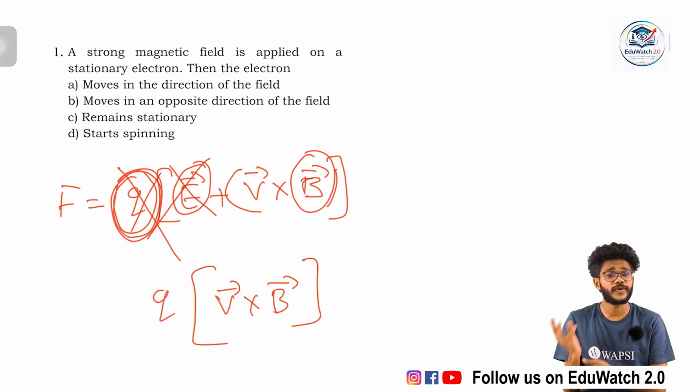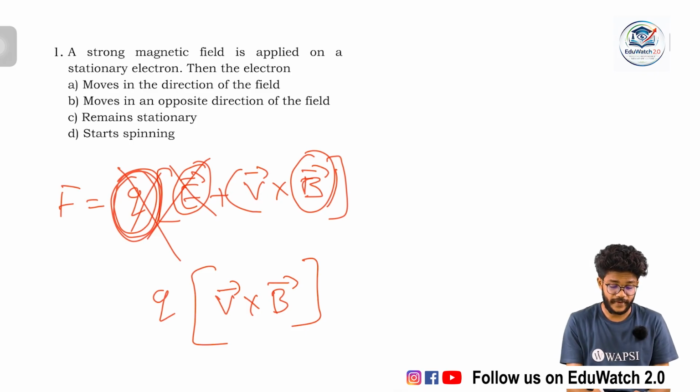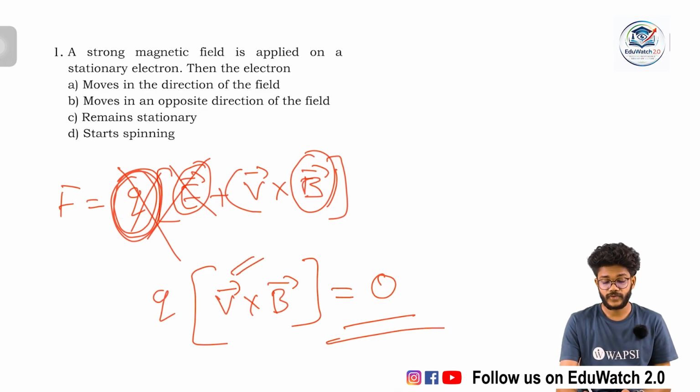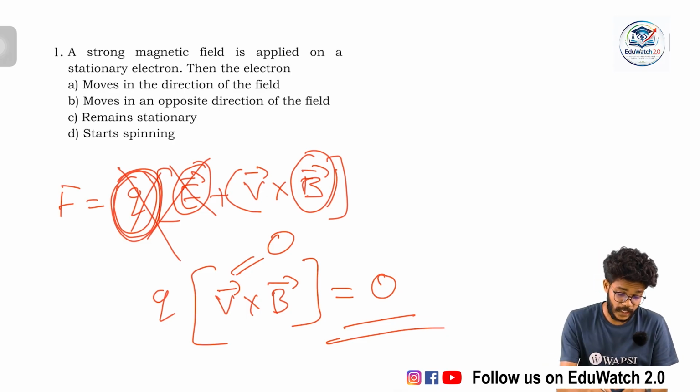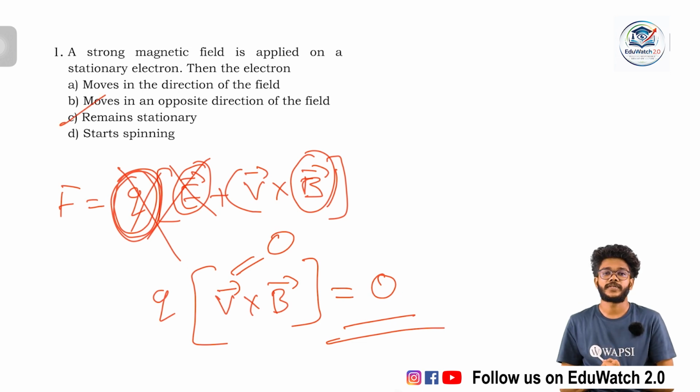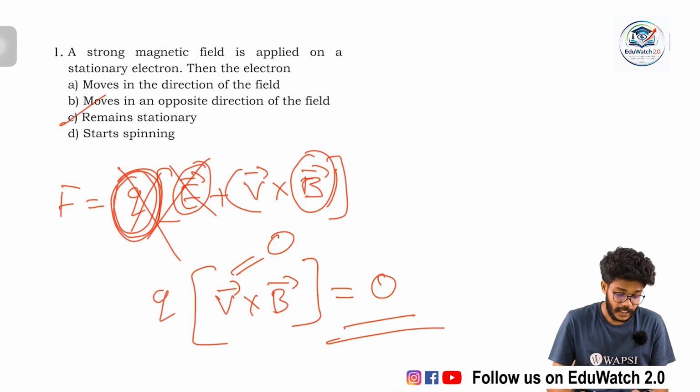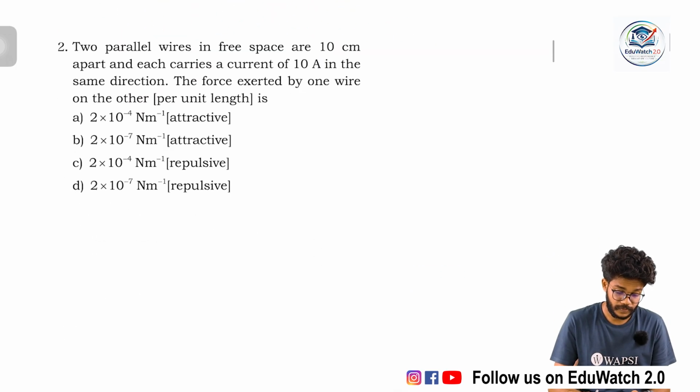So there is no velocity actually here, so the net force F is 0, because the velocity is 0. If there is a velocity, then we take the cross product of the velocity with the magnetic field. So here the force is 0. So it remains stationary.